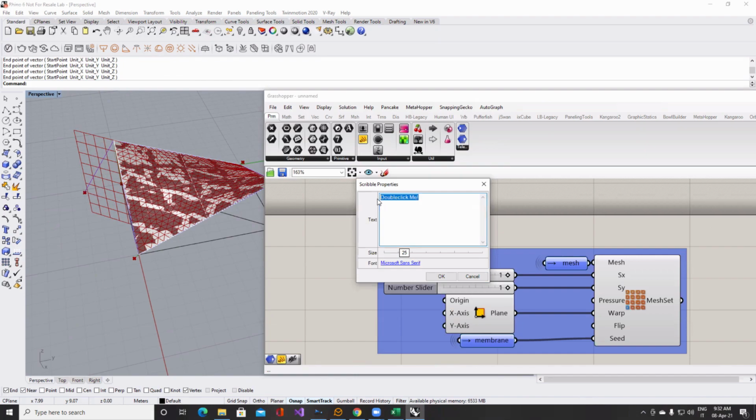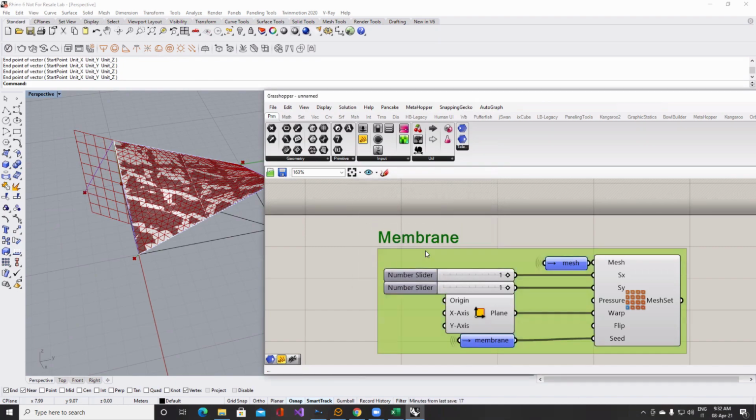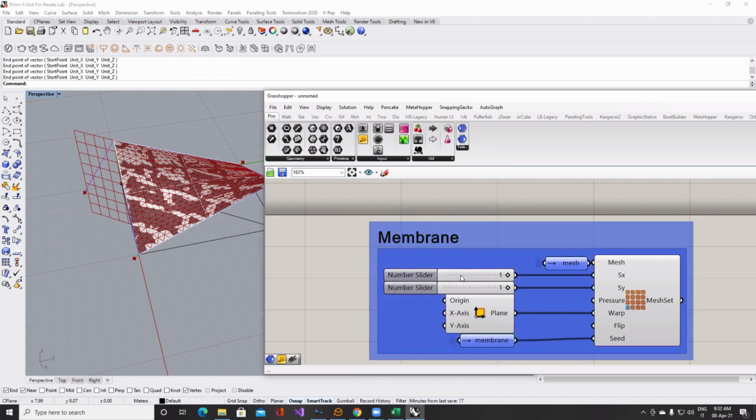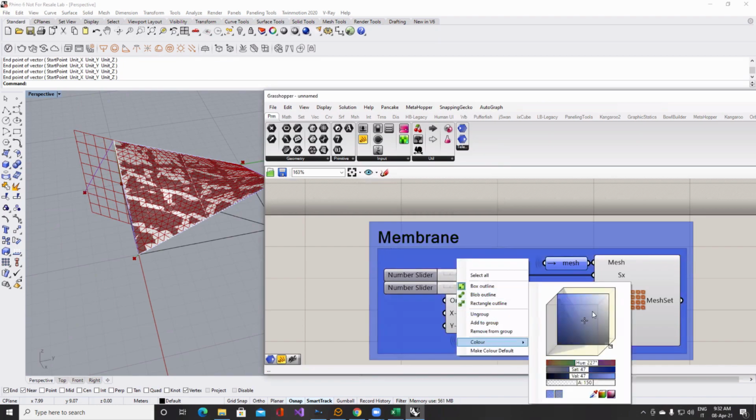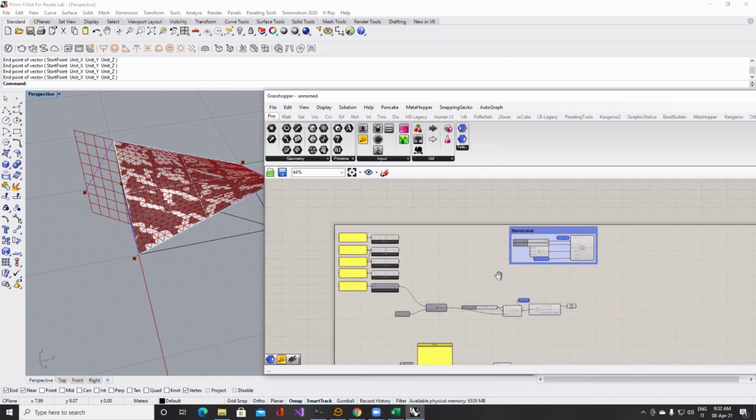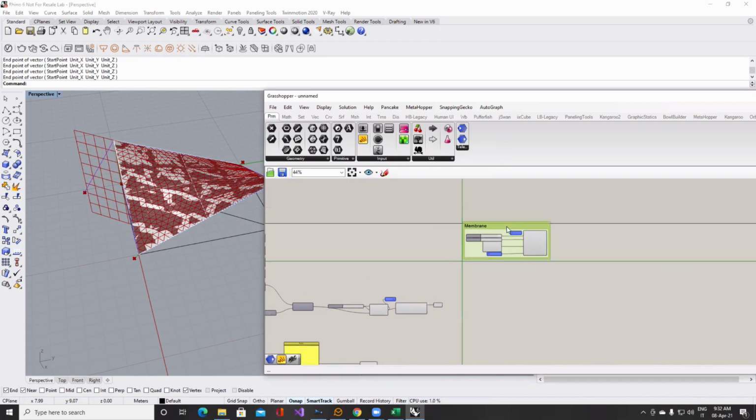And this is my membrane. Okay, so this is my membrane.